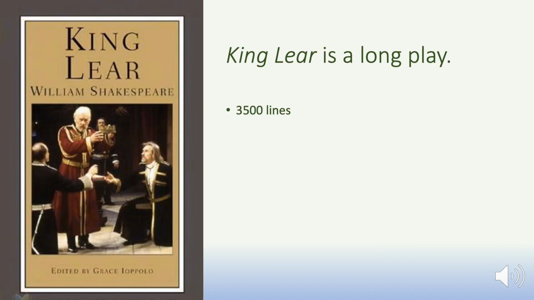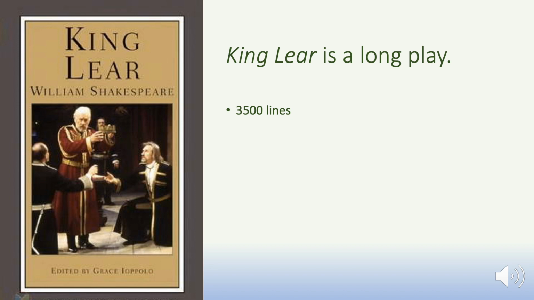Let us begin with an example from your subject, literature. You're all familiar with Shakespeare and probably also familiar with the names of some of his well known plays. King Lear is one of his best known works. Apart from the many other qualities, this play is also remarkable for its length.